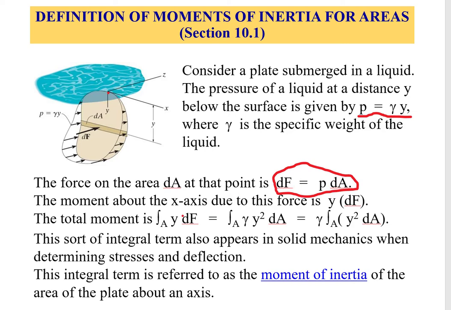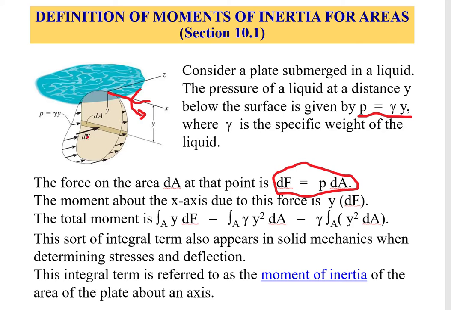Now if we want to calculate the moment of this force about the x-axis, which is the tendency of the water to rotate this plate about the x-axis, we take the moment of these forces, which is the distance multiplied by the force.